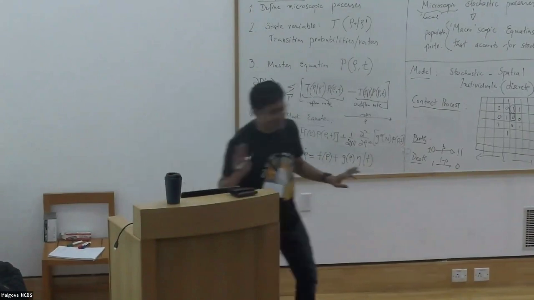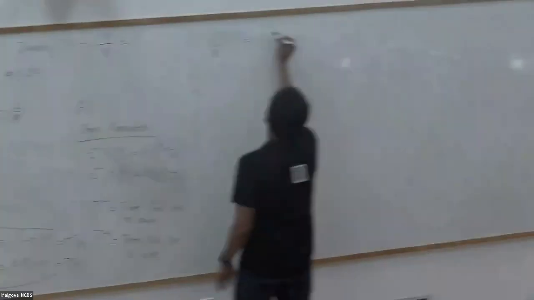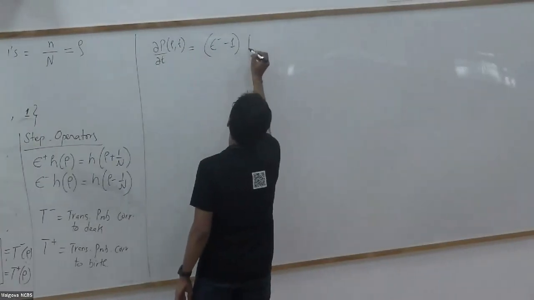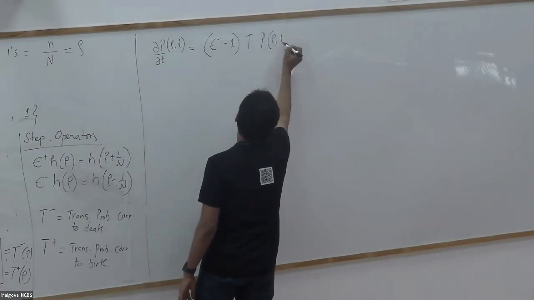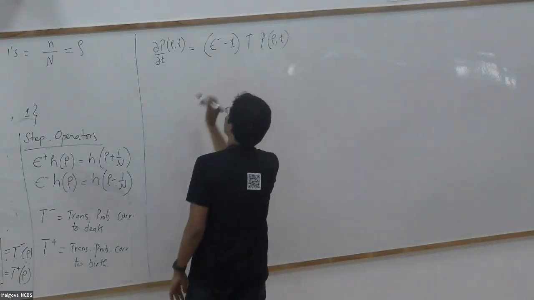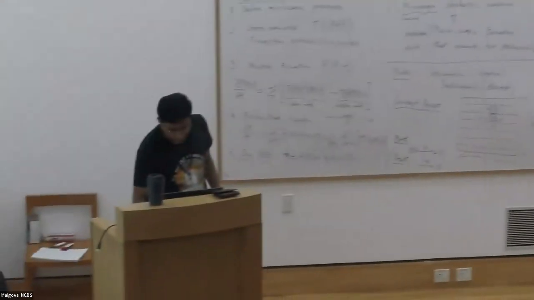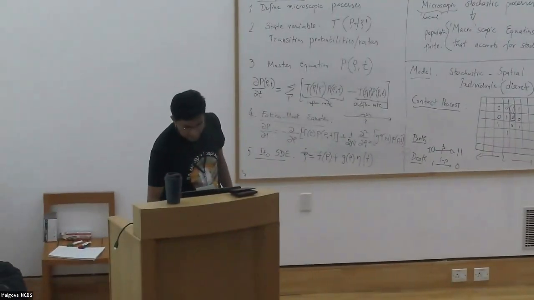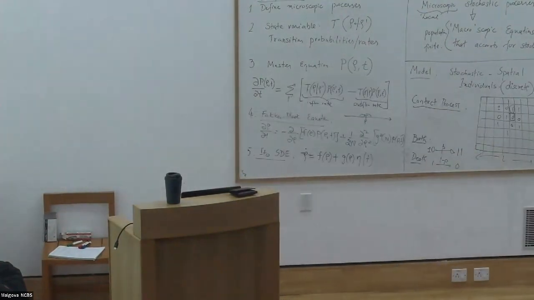So I will first look at one equation and write it carefully. I already forgot by the time I came here whether it was positive or negative. Okay. So the first term would be T plus of rho.